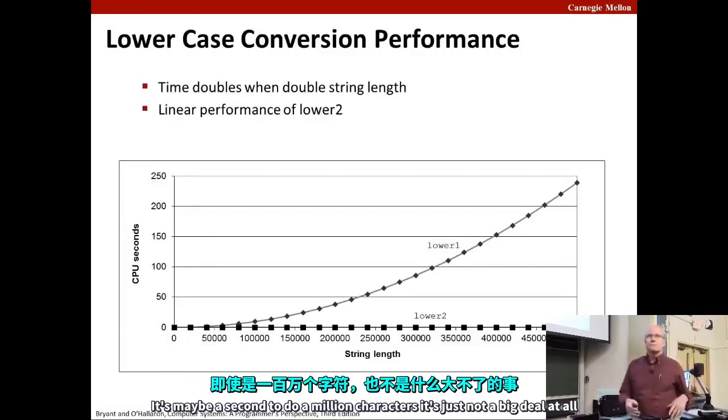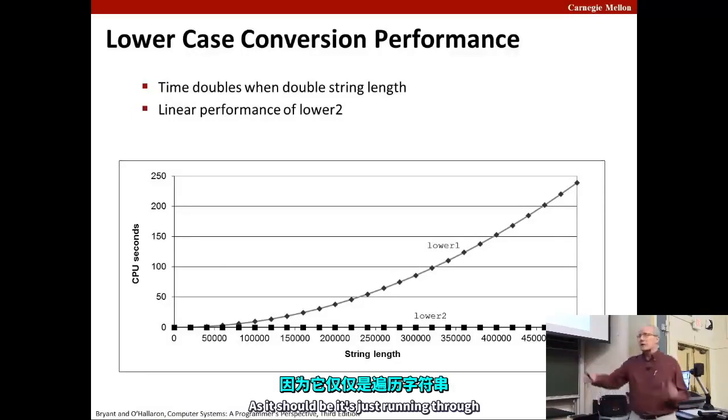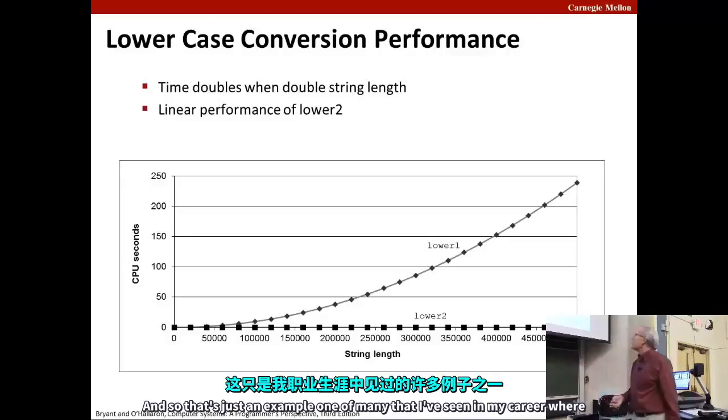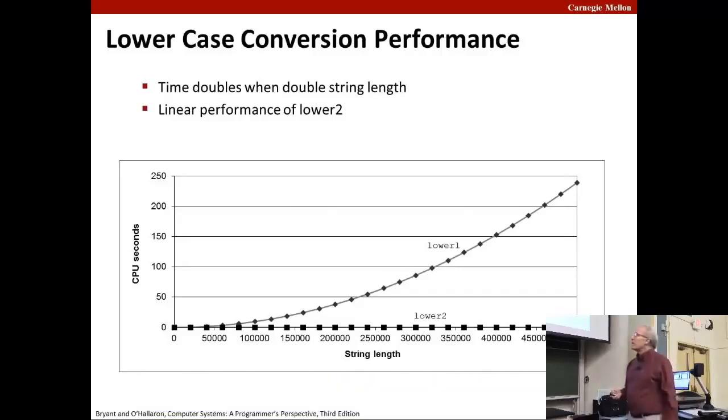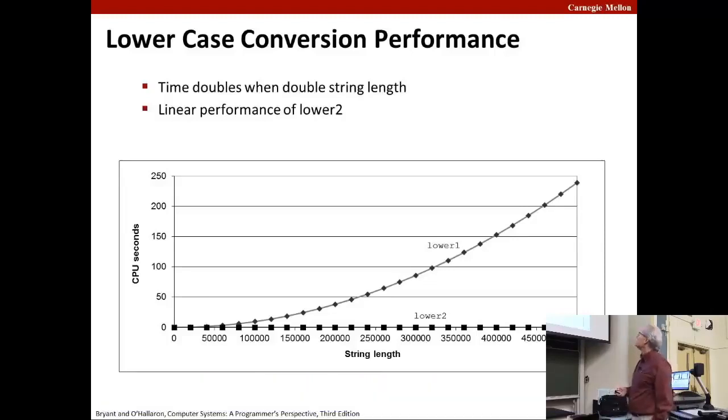It's maybe a second to do 1 million characters. It's just not a big deal at all, as it should be. And that's just one example, of many that I've seen in my career, where something that seems almost insignificant turns out to be a serious performance problem.